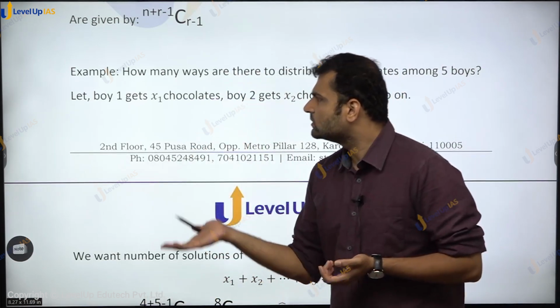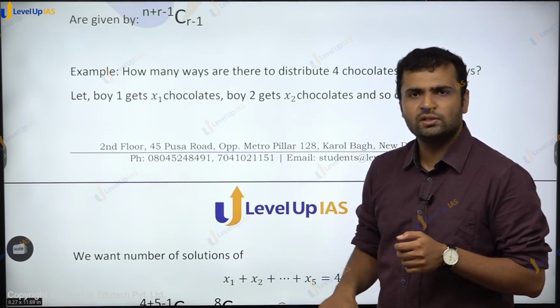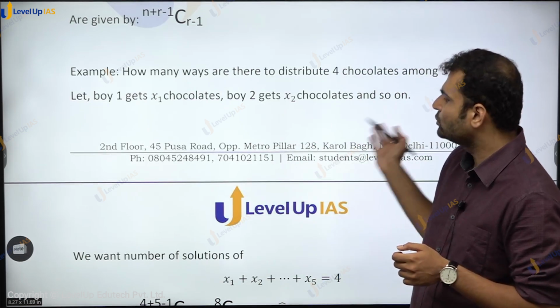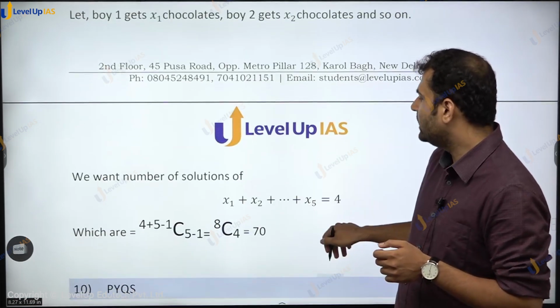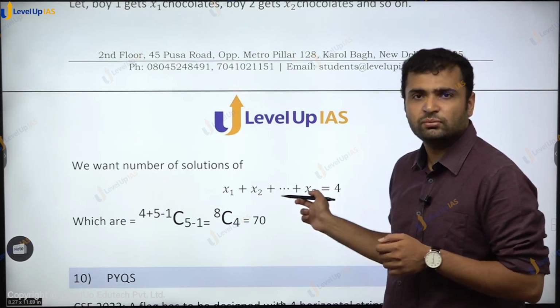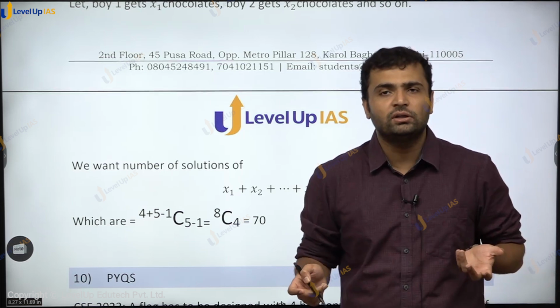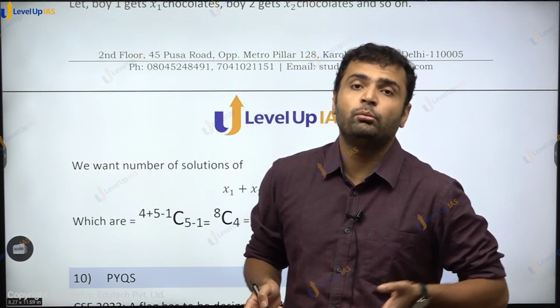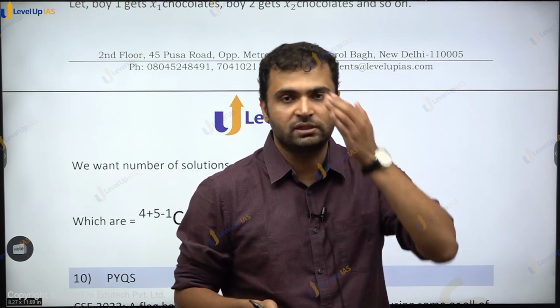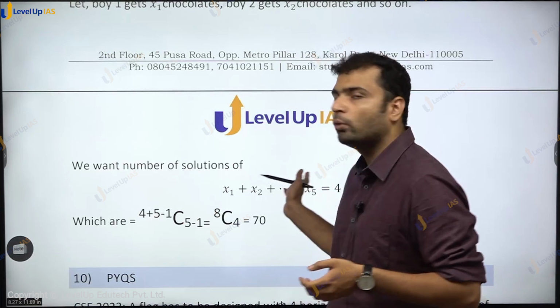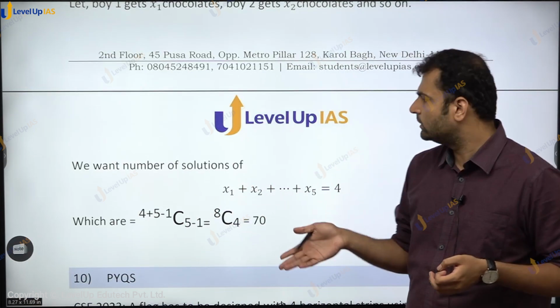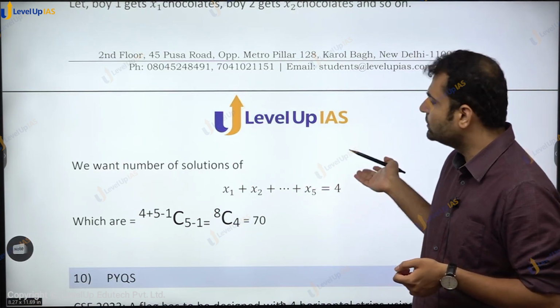So let us assume boy 1 gets x1 chocolates, boy 2 gets x2 chocolates, and so on. So x1 plus x2 plus x3 plus x4 plus x5 will be 4, because there are only 4 chocolates in total. Who knows, boy 1 may get all the chocolates. Everyone can get 0 or more chocolates, and the sum of all the chocolates will be 4. This is how you use it: x1 plus x2 plus up to x5 is equal to 4.